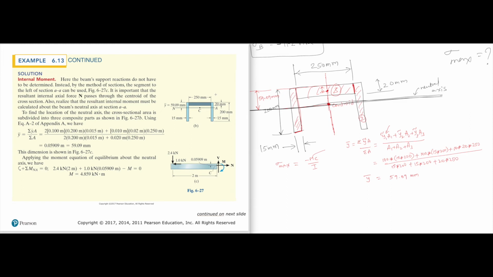Okay. Then that means when you look at this problem, the shape is like that, isn't it?